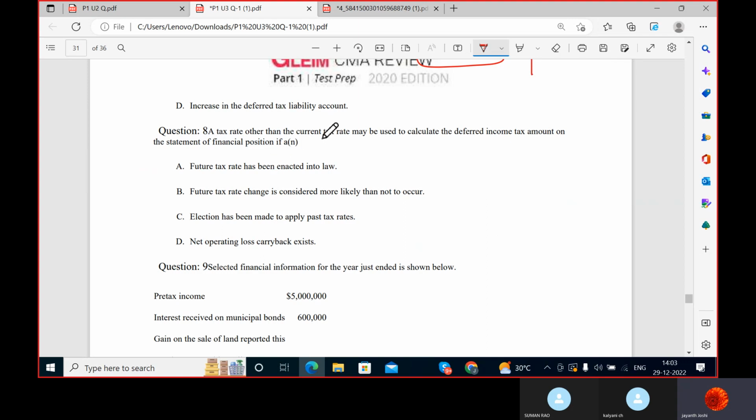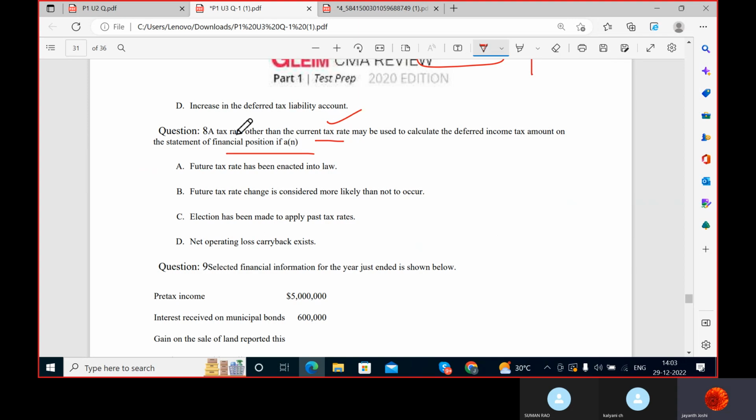A tax rate other than current tax rate may be used to calculate deferred tax income amount on the statement of financial position if... See, the current tax rate is what is prevailing right now.